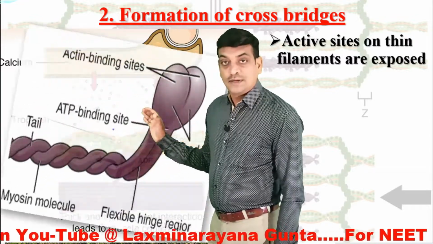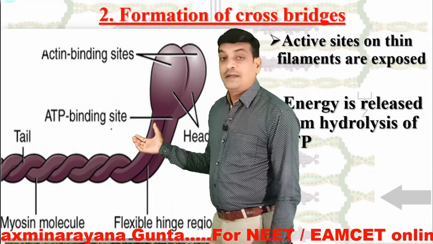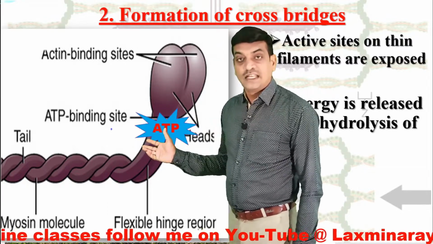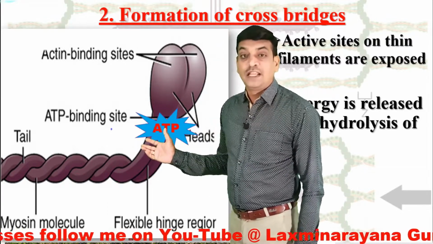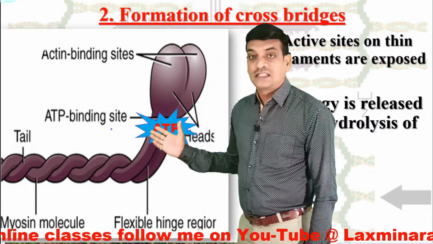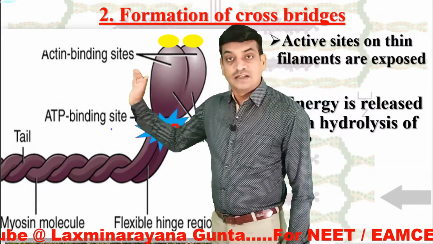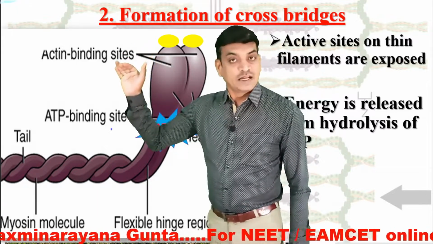And then what happens? The energy is released at the ATP binding site by converting ATP into ADP and inorganic phosphate. With this chemical energy, the myosin heads convert it into mechanical energy.